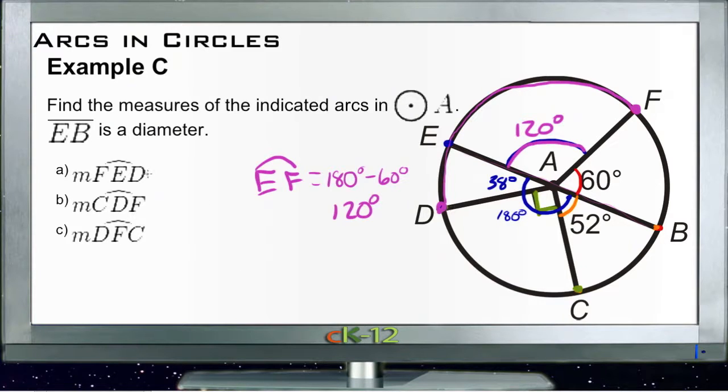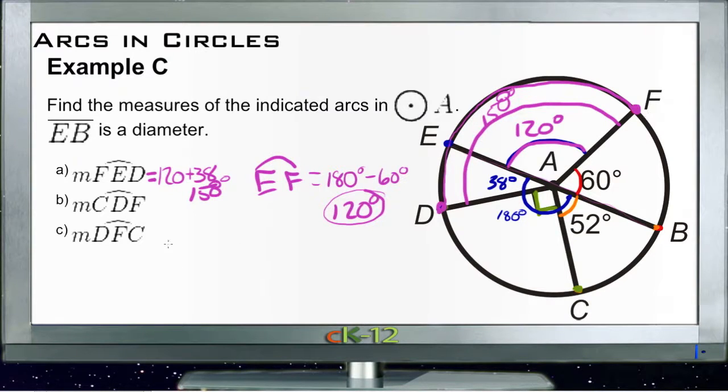So if we have the measure of FED, then it's going to be EF, which was 120 degrees, plus ED, which is 38 degrees. So we have 120 plus 38, or 158 degrees. So this arc clear around over here, 158.